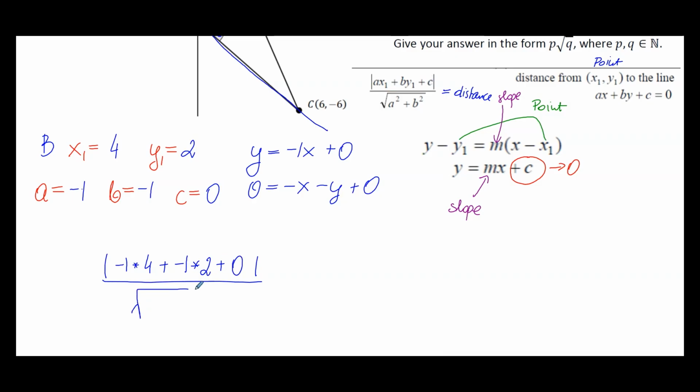And then the square root at the bottom. Again, the A value is what? -1. Make sure when you are putting it in the calculator, you put that in brackets. And then B again, -1, and again to the power of 2. We put all of that in the calculator, we press equal, and we get the answer 3 square root of 2.